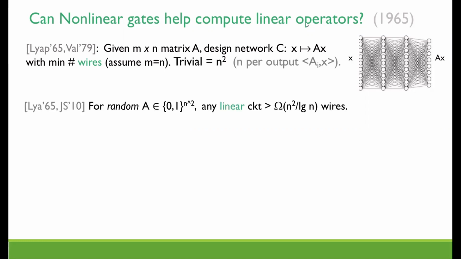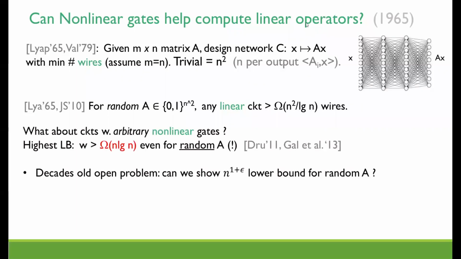A counting argument shows that if one limits to linear gates, that is, gates computing linear functions themselves, then for a random Boolean linear operator, the trivial circuit is nearly optimal. But the question remains open if we remove such a restriction on the gates. If we allow arbitrary gates, the highest lower bound is only slightly superlinear. A major open question is whether we can show a polynomial lower bound for random A.